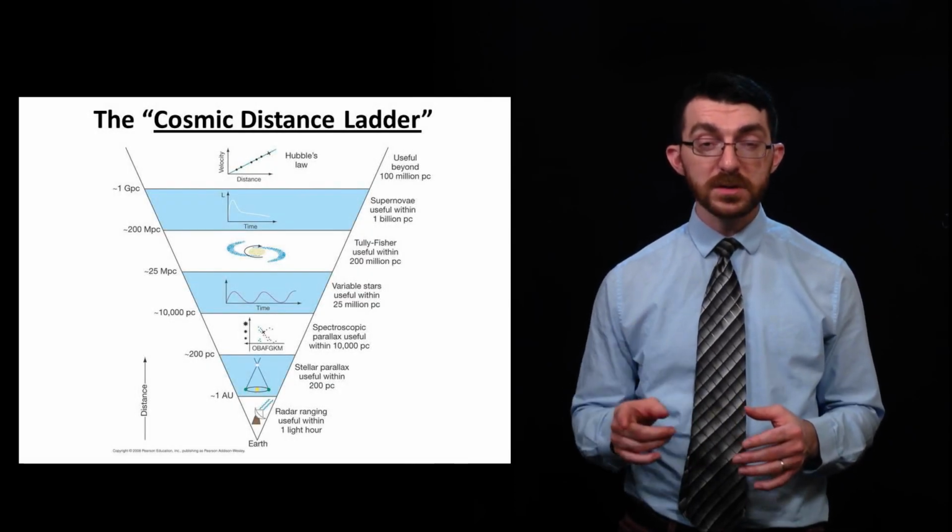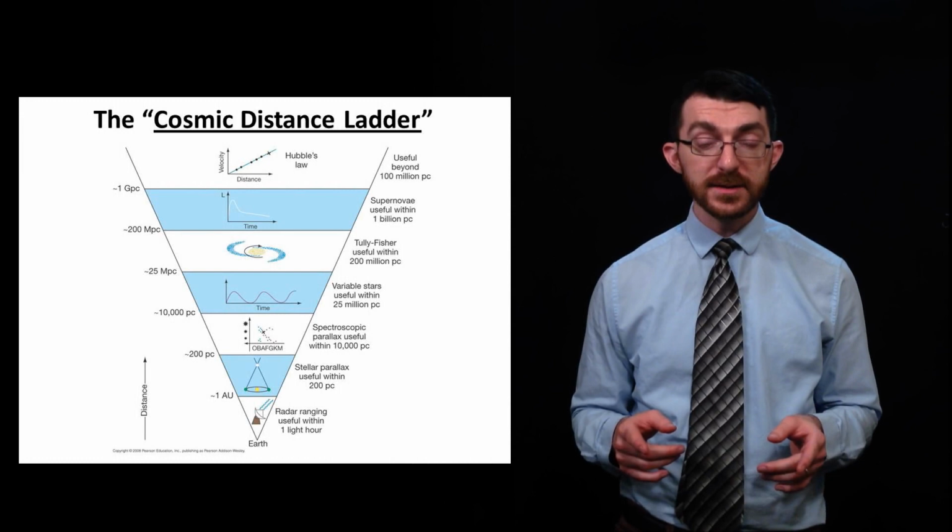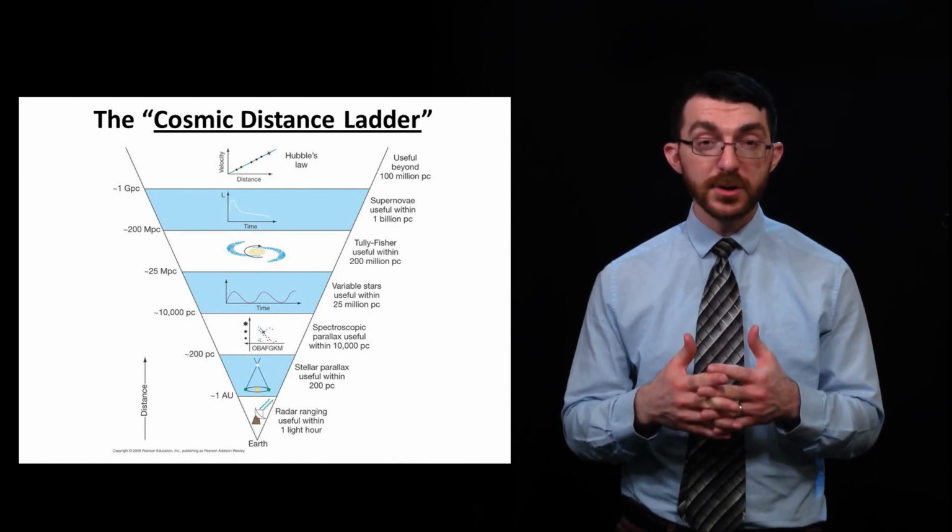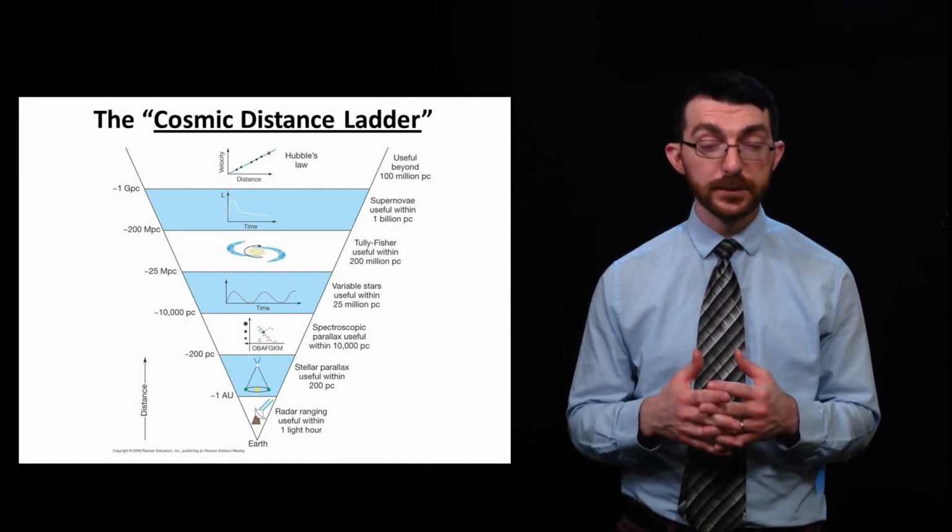Those three are different ways of measuring distances within the observable universe. They operate at different scales, and to the degree that they overlap, they agree. There is a phenomenon in science called concordance. Concordance is when multiple independent lines of evidence converge on the same conclusion.